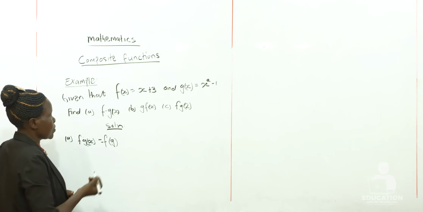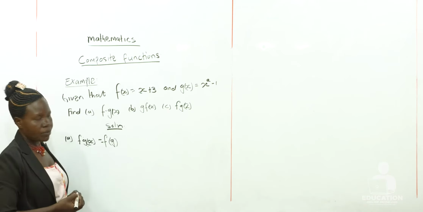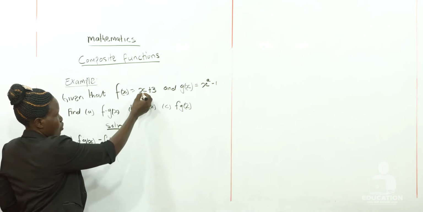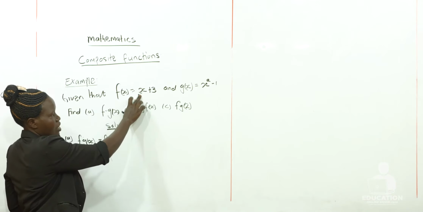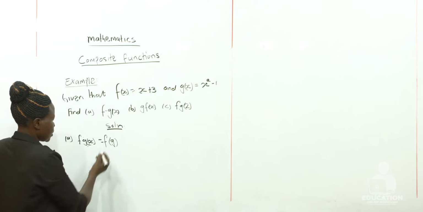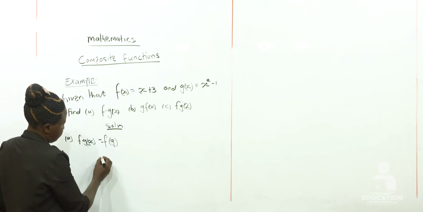So now when you look at our function f here, we take the variable, which is x, because we are looking at the relation of the variables. What is the coefficient of x here? It is 1. So we simply substitute where there is f with the 1.